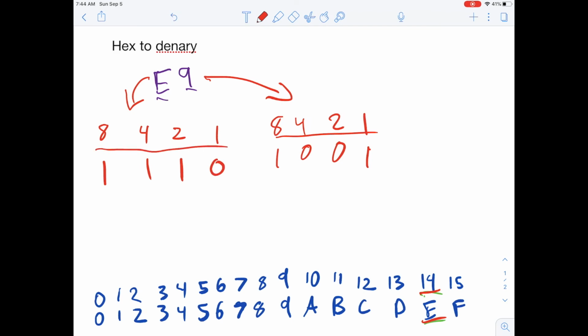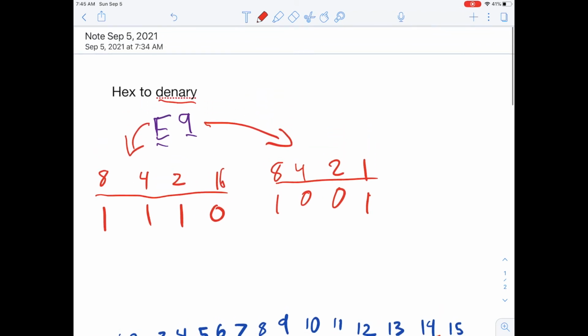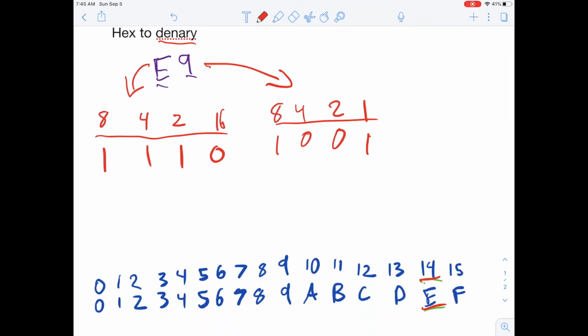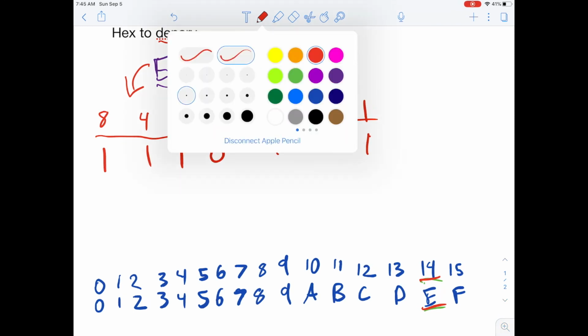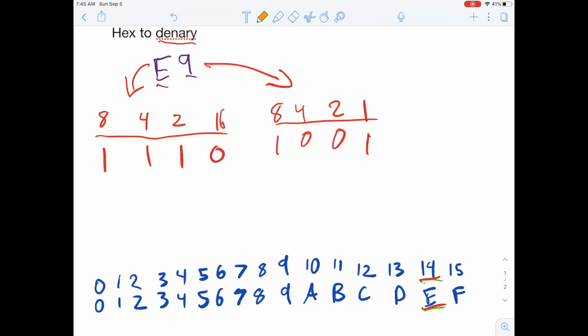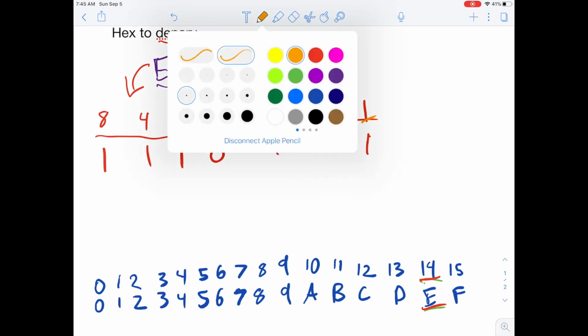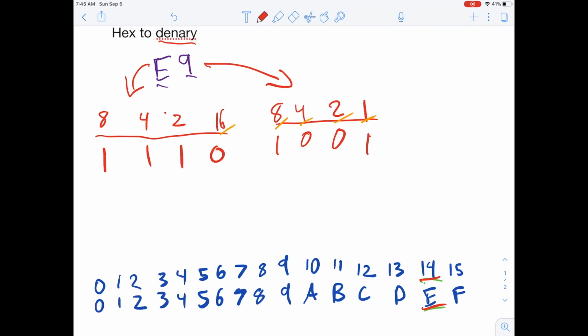So we have our 2 binary, but like I said, we want to go all the way to denary. So what I like to do is I like to add a 6 over here. So instead of being 1 now, that place value is 16, because I'm going up in the place values of binary. We're going 1, 2, 4, 8, then 16, then 32, then 64, then 128.